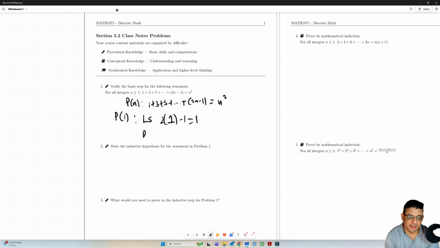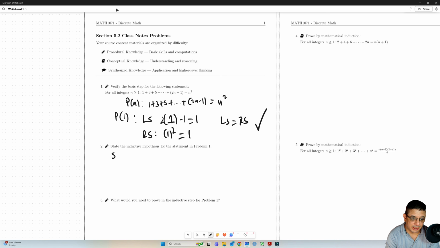Now the right side: plug in n squared. 1 squared is just 1. So the left side is equal to the right side, and the initial condition works. Now let's talk about the inductive hypothesis.